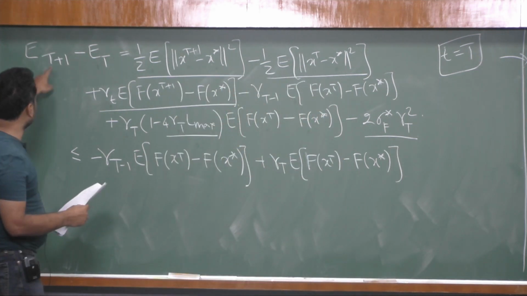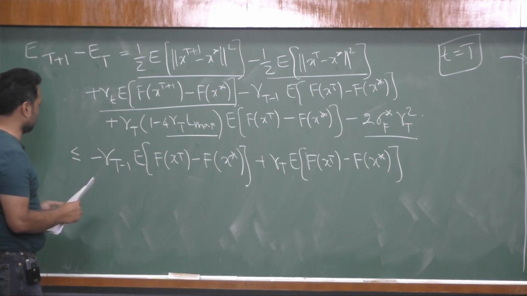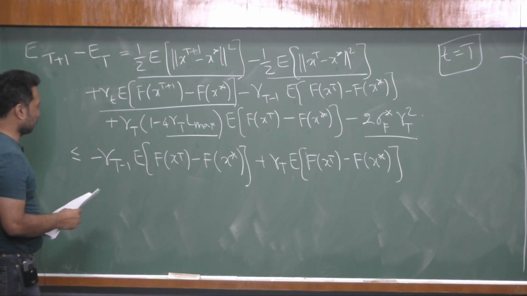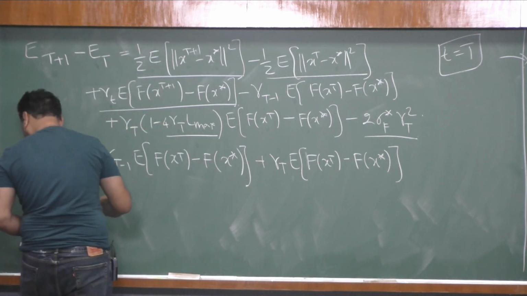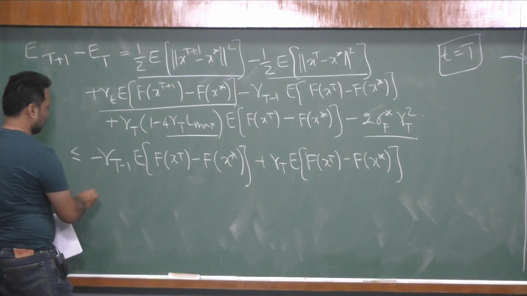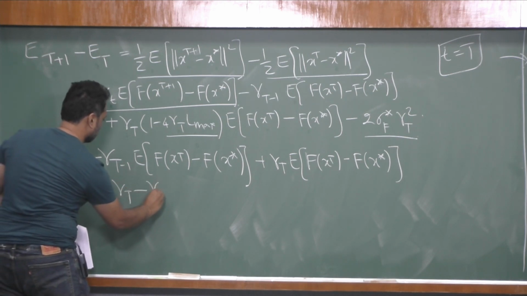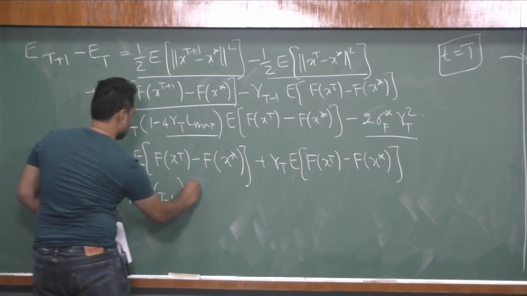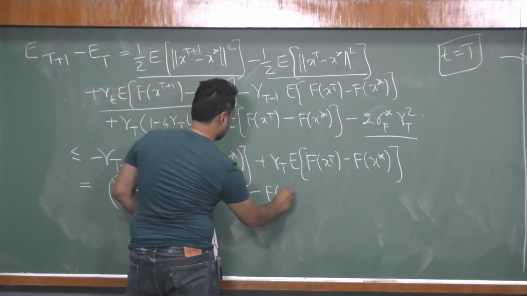Ultimate goal is to prove that Et plus 1 minus Et is less than equal to 0. So we are still looking into this and see whether this is less than equal to 0. So these two are common. So this is equal to gamma t minus gamma t minus 1, and this is expectation of fxt minus fx star.